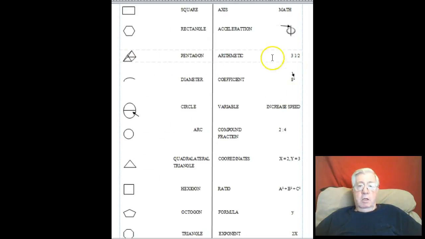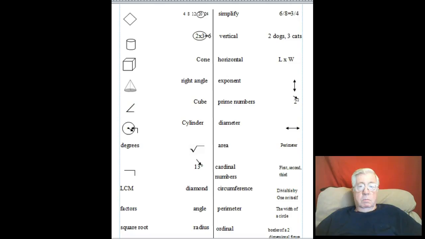You match this side, then you match this side. Again, more matching. You match these over here, match these over here. And you can practice what I'm going over in this lesson.